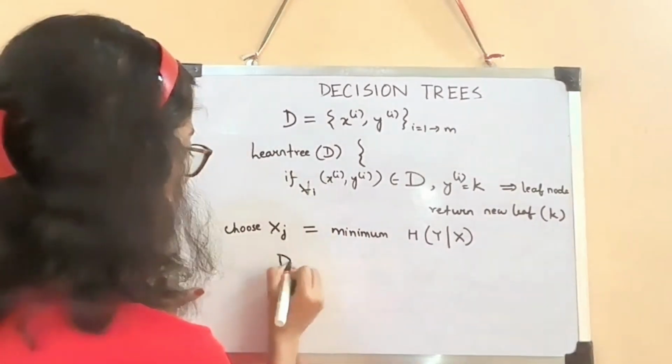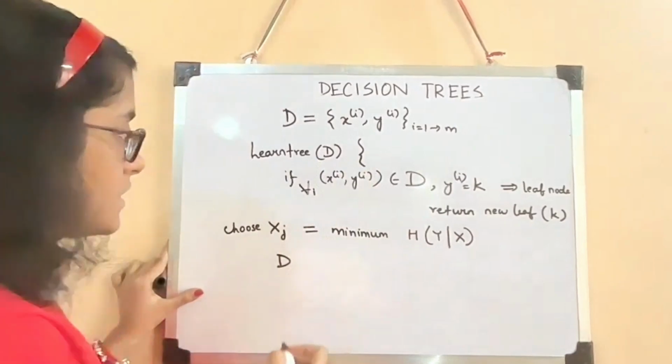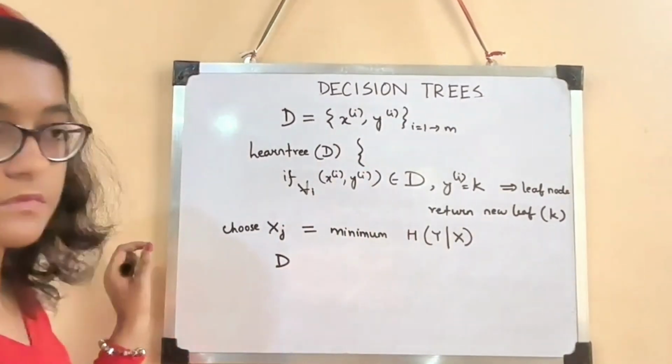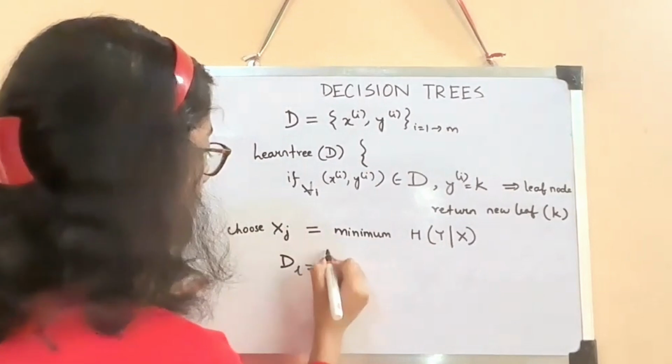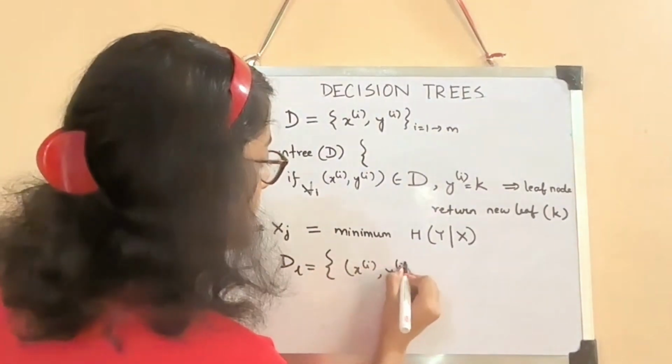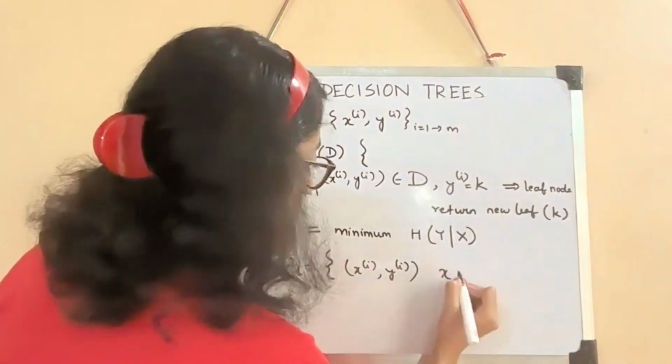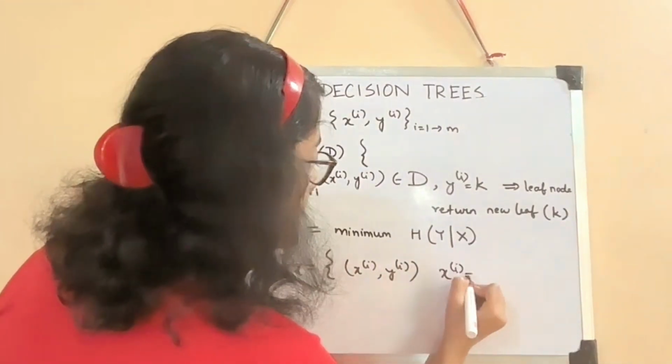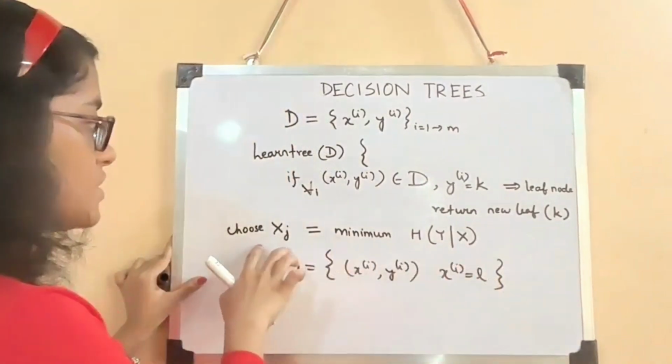Now we have the rest of the tree. So the tree would be D of L, such that it will have all those points (xi, yi) such that xi is s, which we just chose as j.